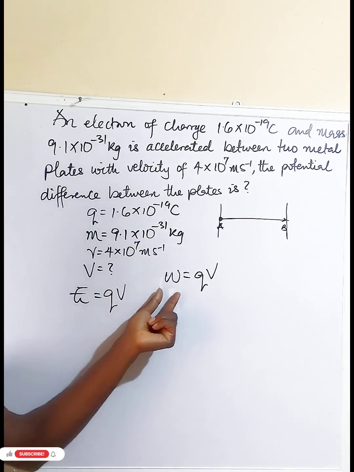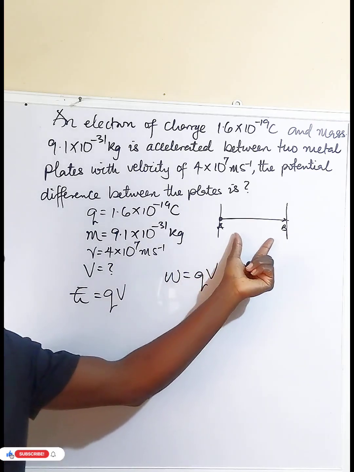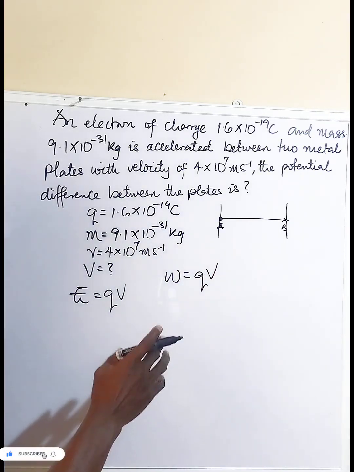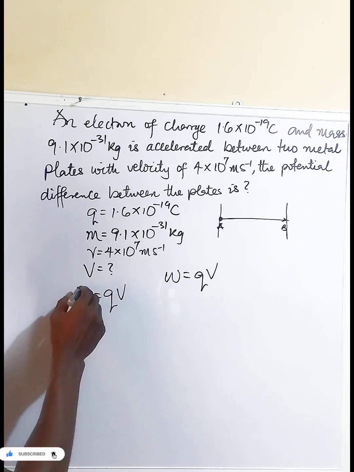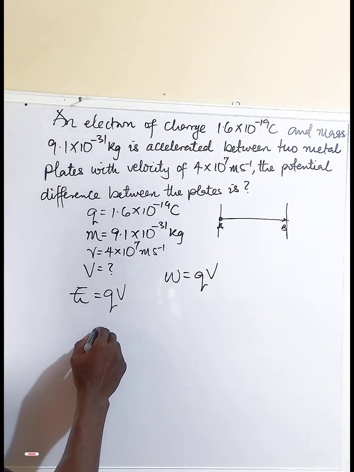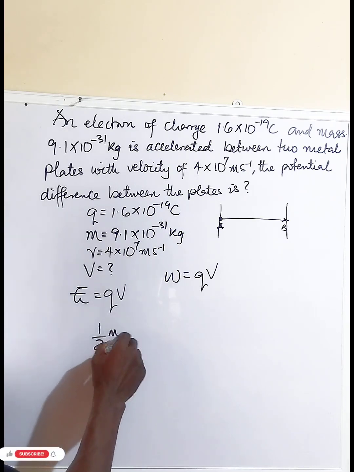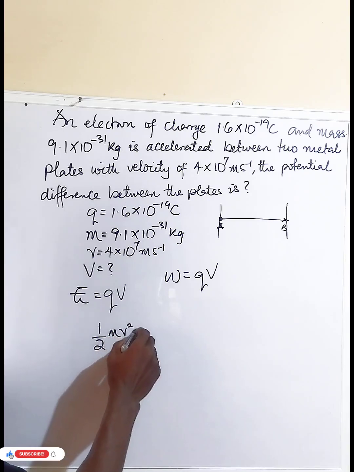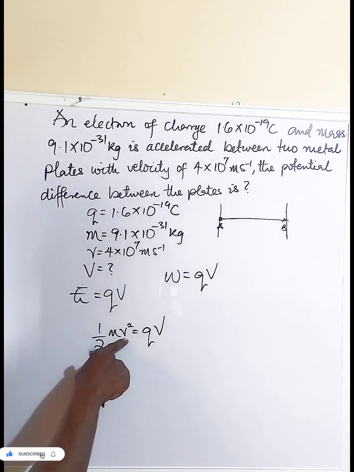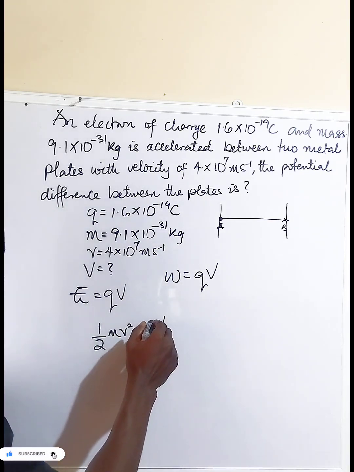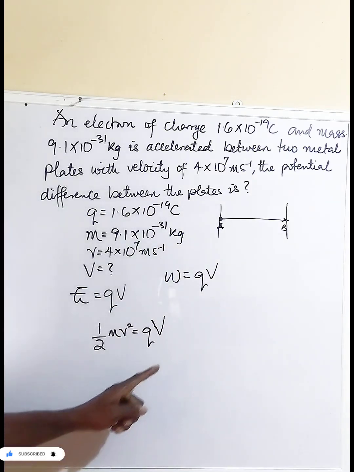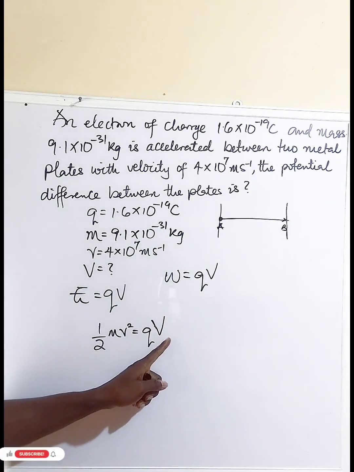But this work expends energy, and that energy is in the form of kinetic energy. So our E will be equated to the kinetic energy, which is one over two mv squared, equals QV. Here v is the velocity, and V is the potential difference. And we are told to find the value of the potential difference.